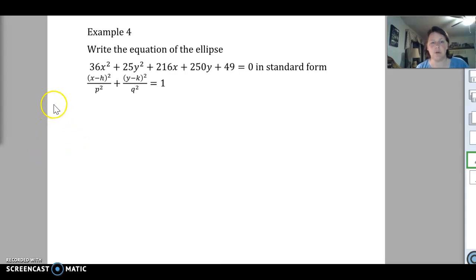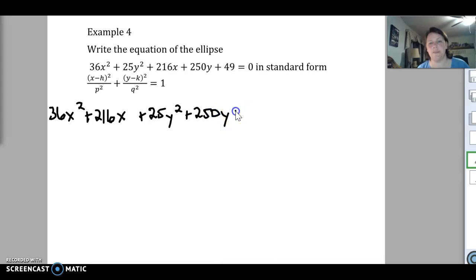So step number 1, organize all of our data. So 3x squared plus 216x plus 25y squared plus 250y equals negative 49. Okay. Next step is going to be to factor. So we're going to factor out a 36. So factoring out a 36, I believe that was 6, right?